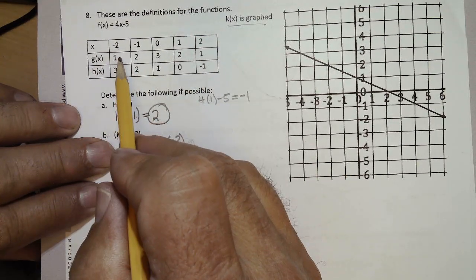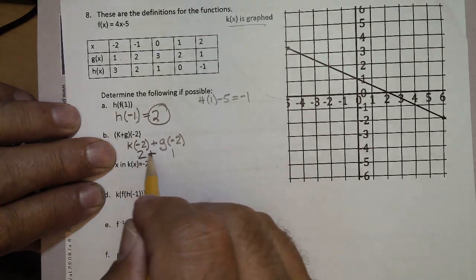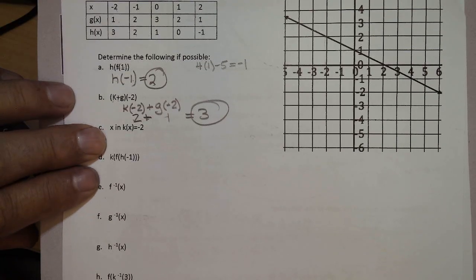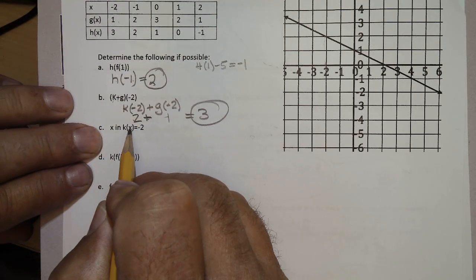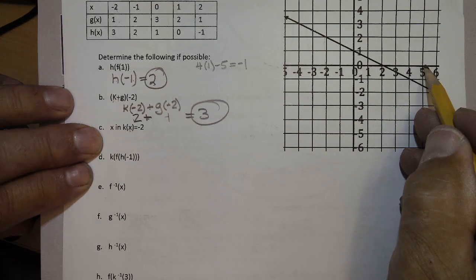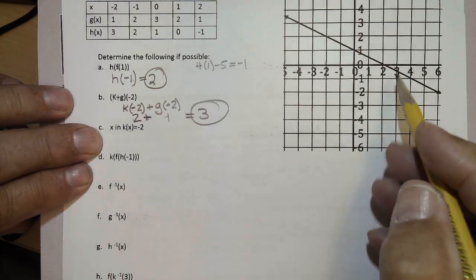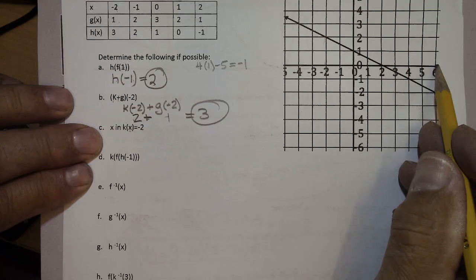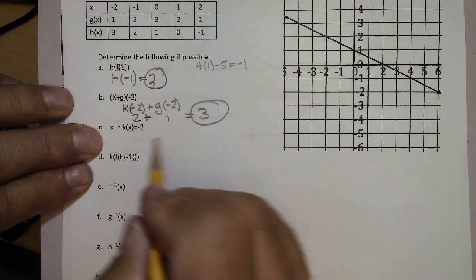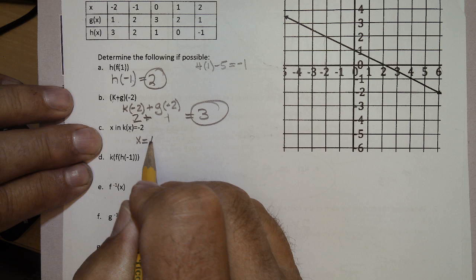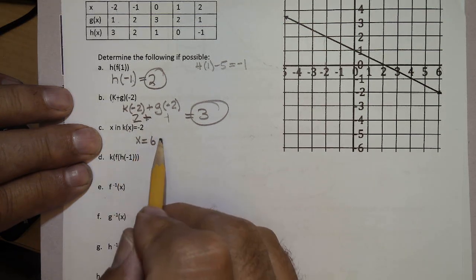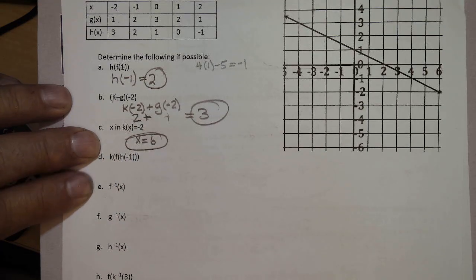G of minus 2 gives me 1. So 2 plus 1 is 3. Now it says, what number would I put in for x? What number would I use here to get out a minus 2? Well, here's the minus 2 I would be getting out, and it looks like I have to put in 6 to get minus 2. So x would have to be 6 for k of 6 to be minus 2. So that's my answer for x.